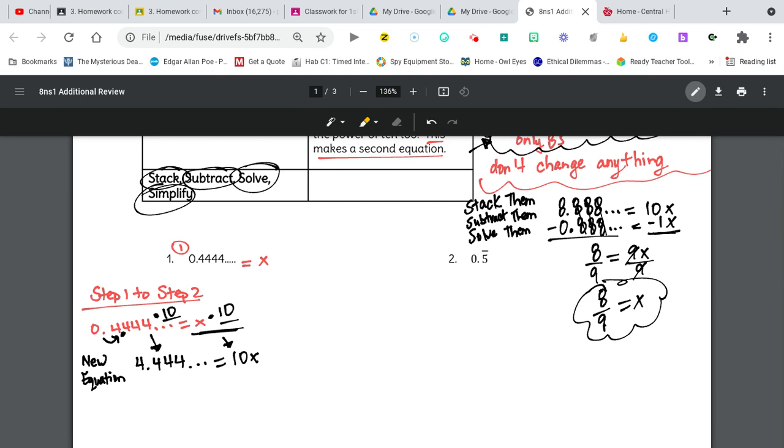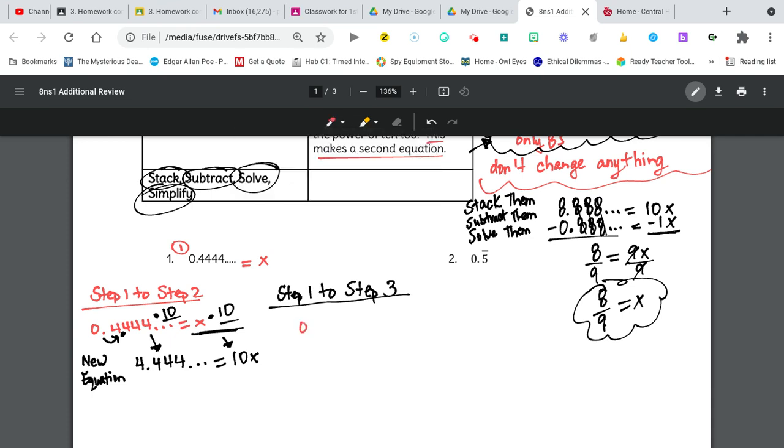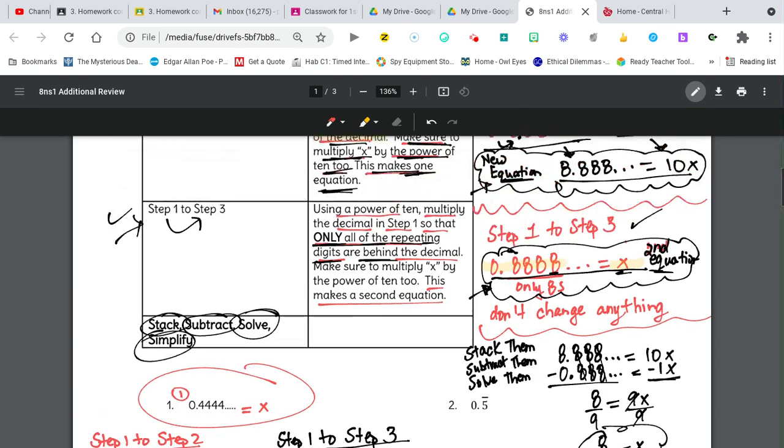Okay. Now I just need to go from step 1 to step 3. So I'm going to write step 1 down again. This is all step 1. And let's see what it says up here, step 1 and step 3.